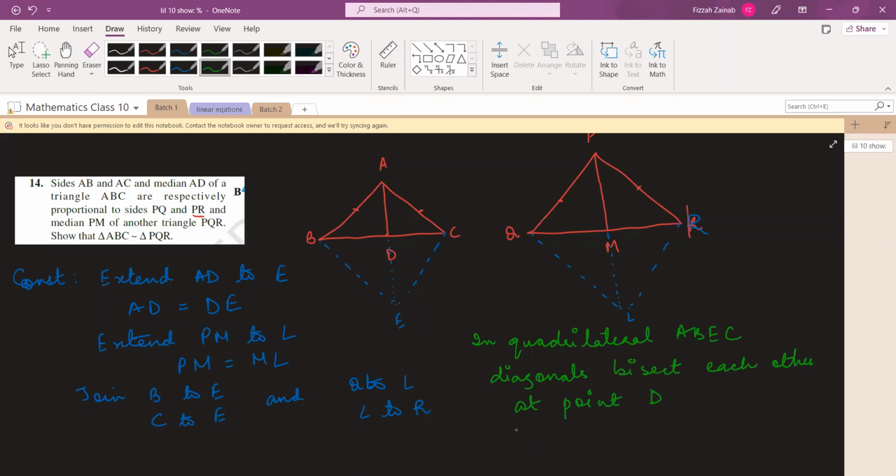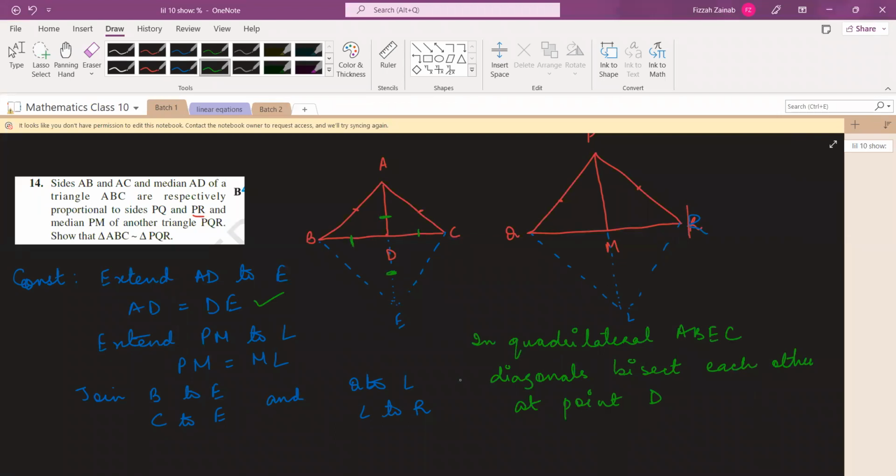Okay, we will do one thing. Let us try to prove that this is a parallelogram. Now, we already know that AD is equal to DE. And also because AD is the median, BD is equal to DC. That means this part is equal to this part and this part is equal to this part.